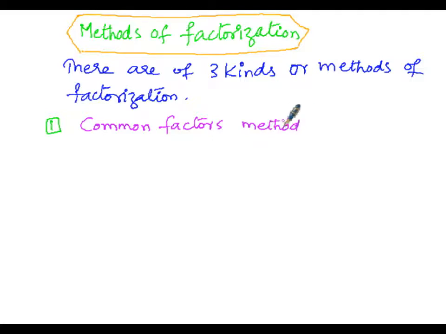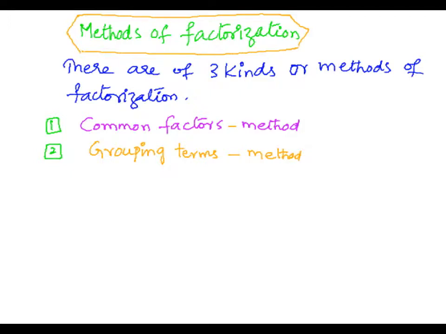Then the second one is the grouping terms method, or method of grouping the terms. Here we will group all the terms, then later we can find out the factors of the given expression.